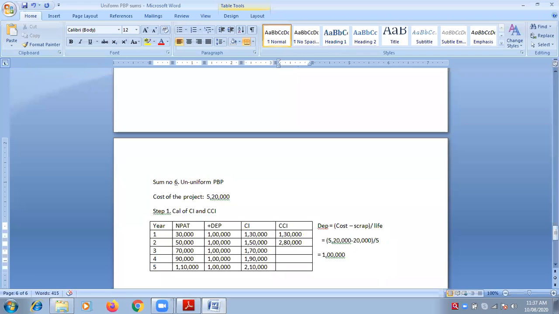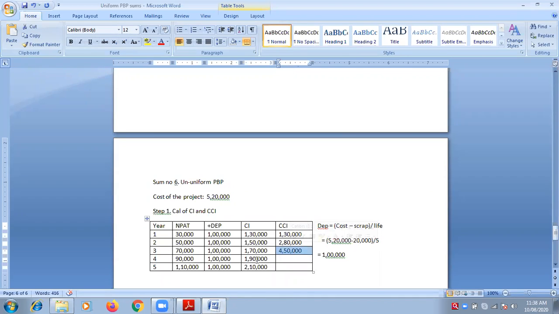Yes, 2,80,000. Very good. So 2,80,000 will be added in 1,70,000 figure. So the amount will be 4,50,000. Jayashree, I'm looking at your answers and I'm writing them down. So I hope you have written them correctly because I'm copying your amounts. Okay.